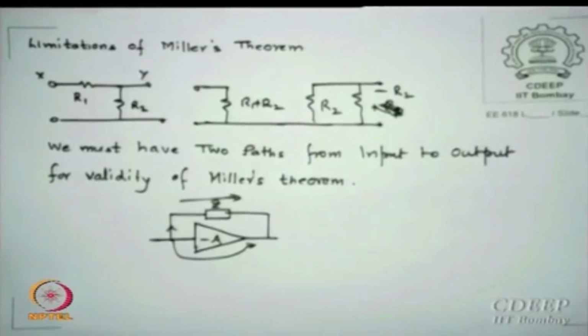Through A you are 180 degrees out of phase, and one directly you are going, feed forward as the word goes, and therefore Miller is possible. Is that clear? Because in every case you say 1 upon 1 minus A, 1 minus A has to be finite in this way. Otherwise that is just dividing output by input, which is not the gain function. Is that correct? Therefore Miller's theorem is always valid only if there is an active device sitting there.